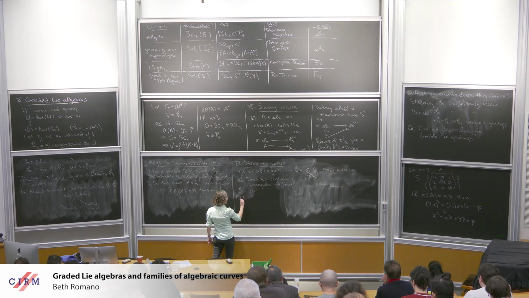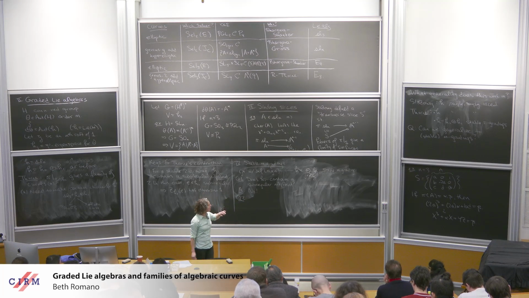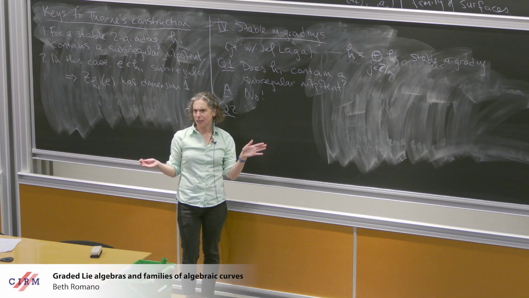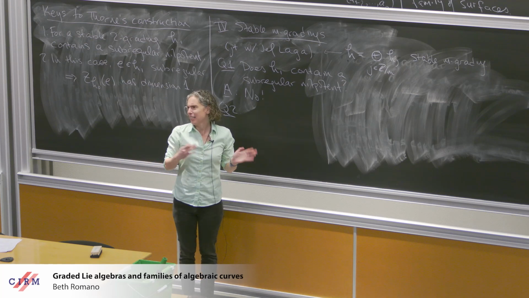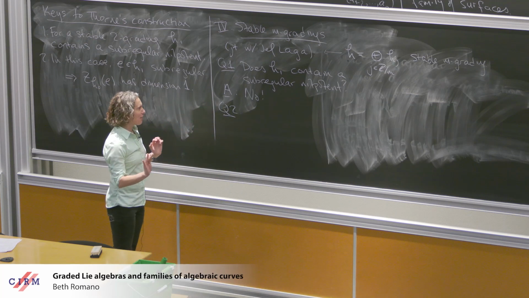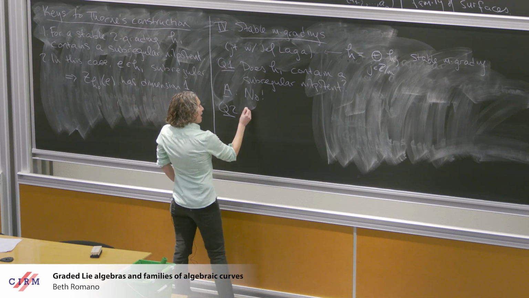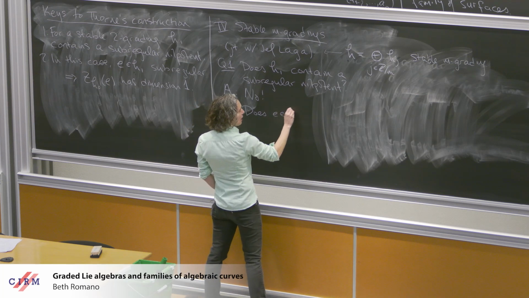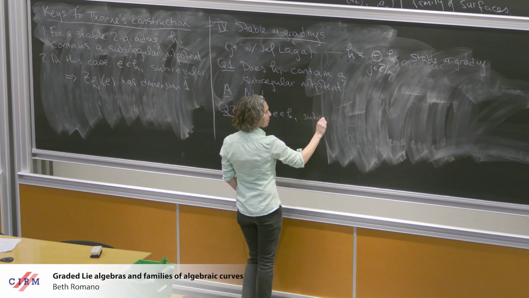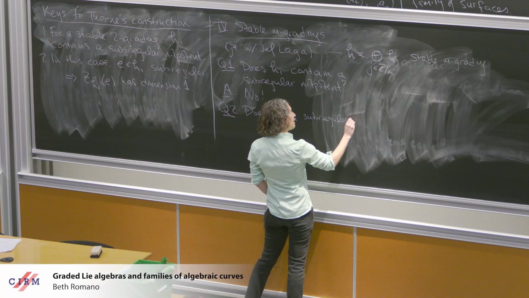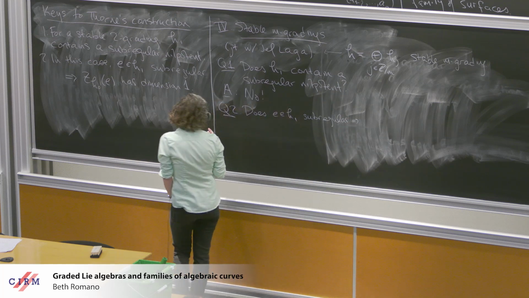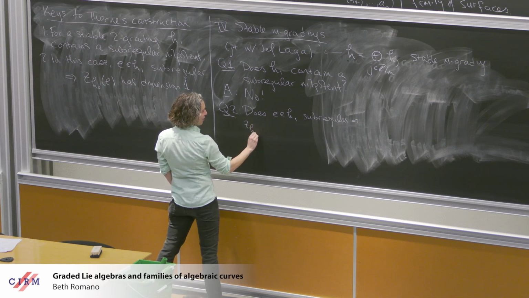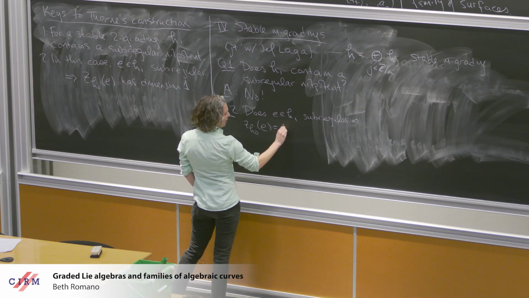The second question we asked: okay, maybe this isn't true in general, but maybe we can just restrict to the cases where it is true and then keep going from there. So the second question we ask is, if we have a subregular E in H1, does this imply, like in the stable 2 grading case, that the centralizer in H0 of E equals 1?